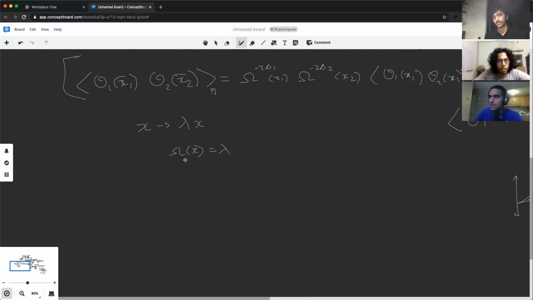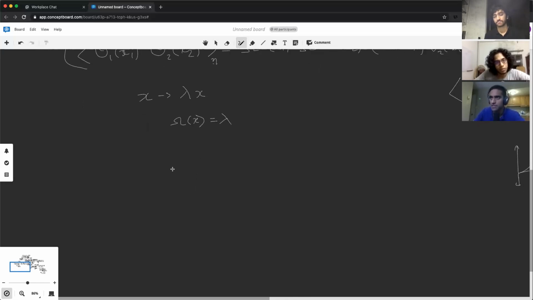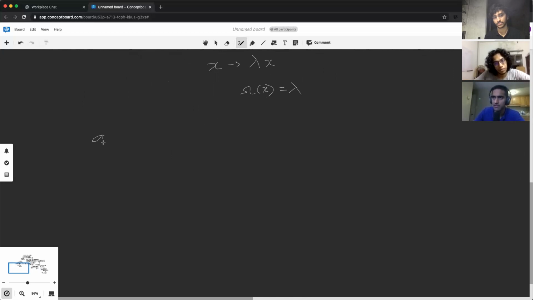If I just had this homogeneity property, then I have a function of x1 minus x2, the distance, which is homogeneous to degree minus 2 delta 1, yeah, minus 2 delta 2.